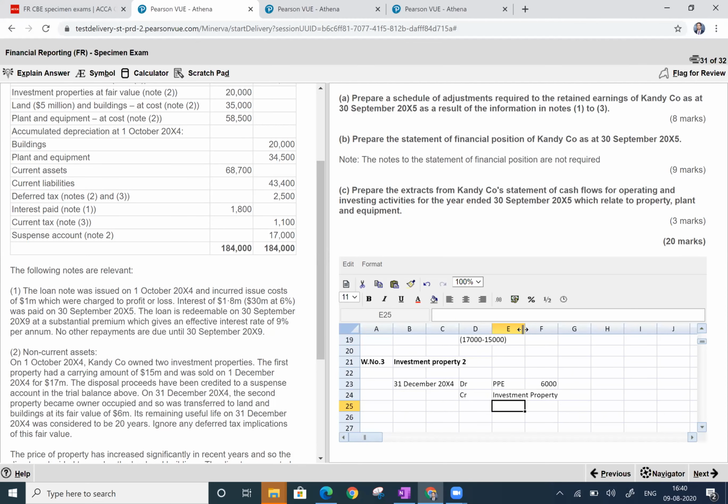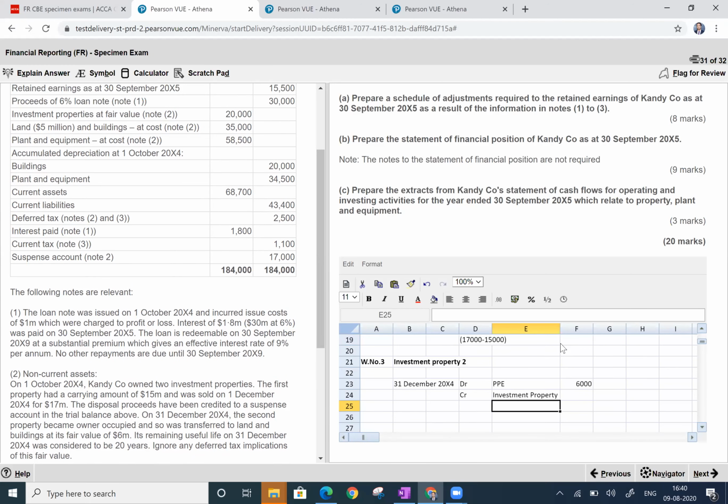Okay, crediting investment property. How much do I have to credit? What will be the carrying amount? Tell me what will be the carrying amount of investment property. See, investment property at fair value is 20,000. Out of this, you have sold an investment property worth 15 million.